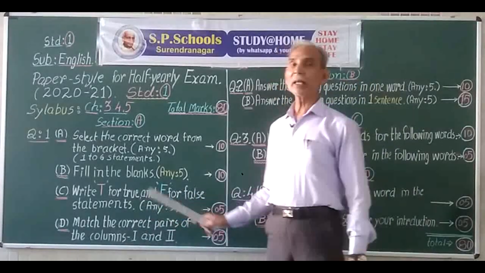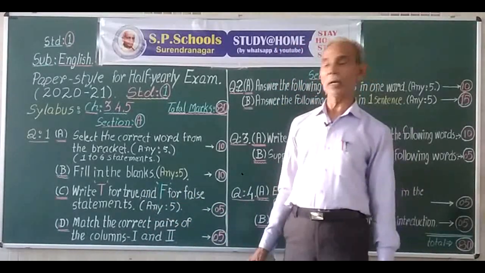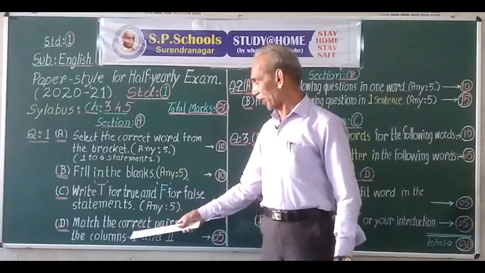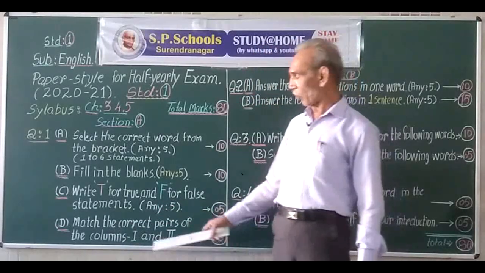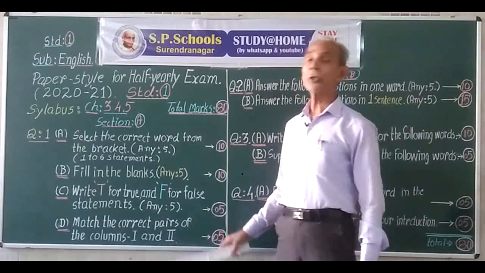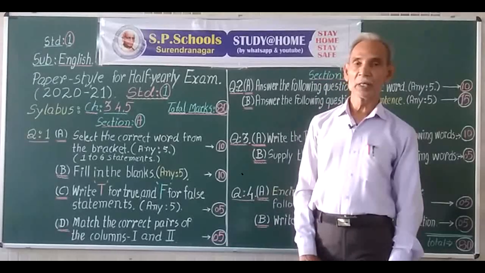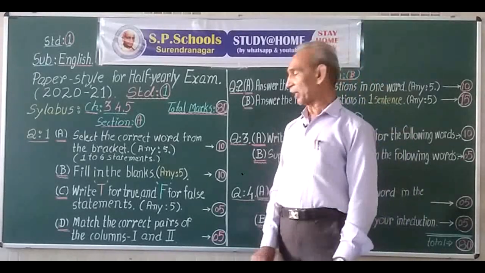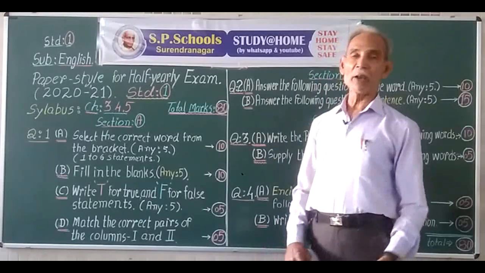They are in a disordered way. You have to match correct pairs from column 1 to column 2. There will be totally 5 pairs to give you 5 good marks.